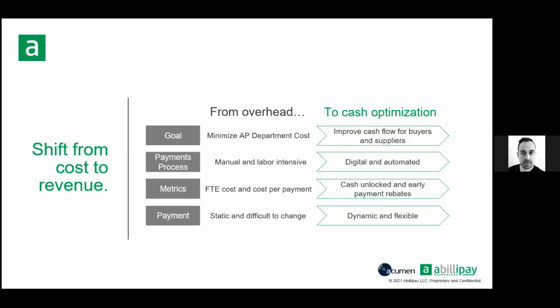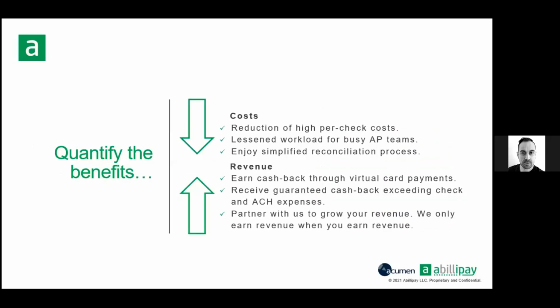So you really can take a pretty cost-heavy AP department and turn it into a revenue generator. And that's exactly what we see, where we drive down costs and add revenue back for companies.